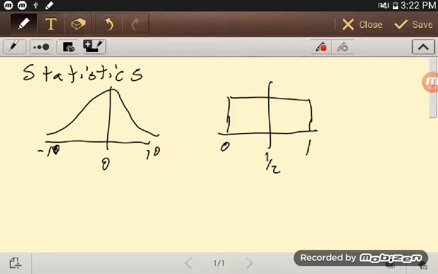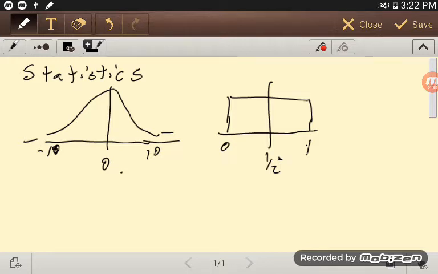And then if I could give you some idea of how wide the distribution is, how much it spreads apart. Here the middle is 1/2, but it only spreads to 0 and 1, and that's it, it stops. Whereas the one on the left, the middle's maybe around 0, but it's spreading at least to -10 and 10, maybe more, because maybe it just keeps going for a while.